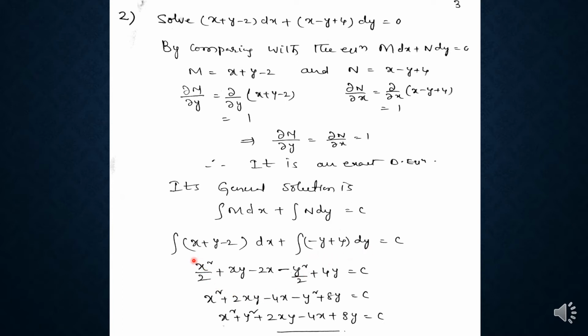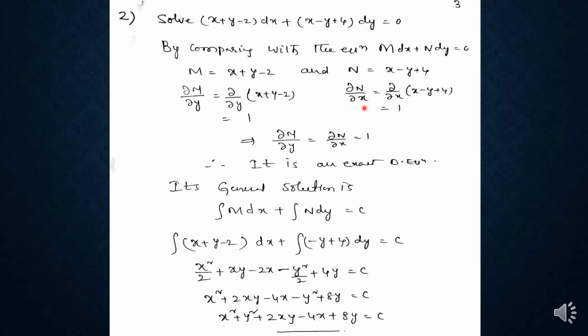Now integrating this, (x + y - 2) dx, while integrating with respect to x, y will be treated as constant. Here ∂N/∂x is equal to ∂/∂x of (x - y + 4).